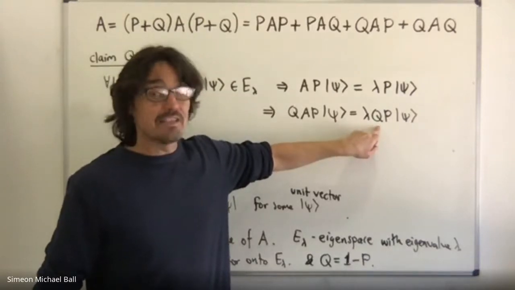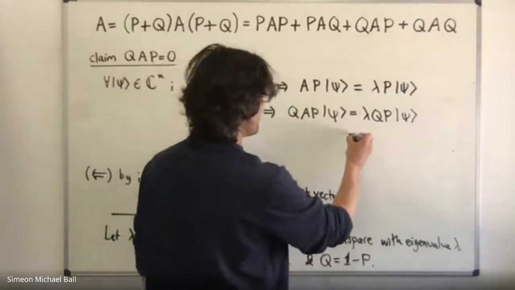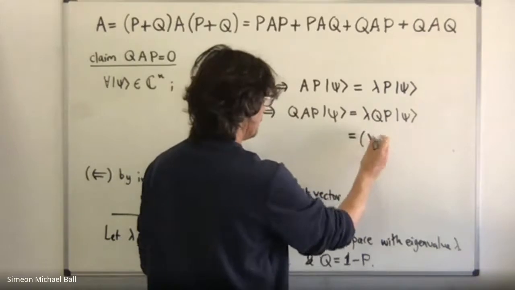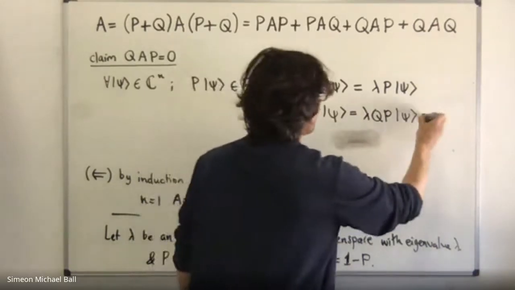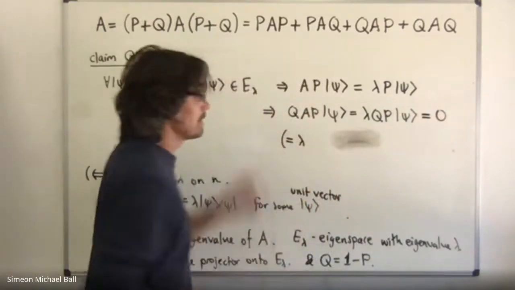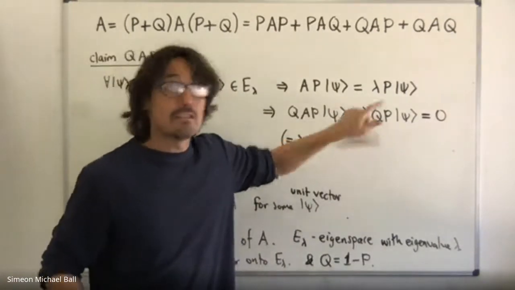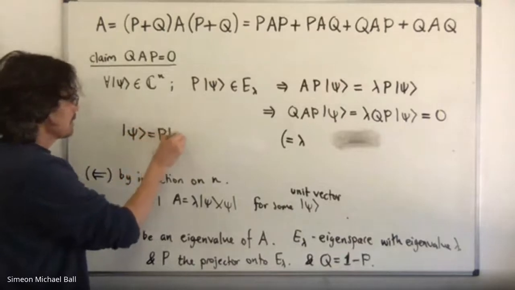So this is 0. If you think of the definition of Q, we had psi is equal to P psi plus Q psi.